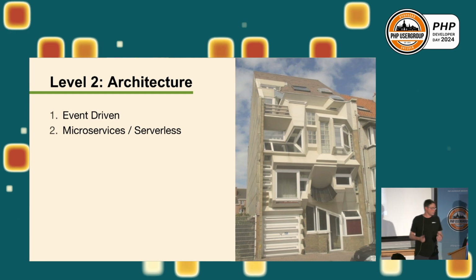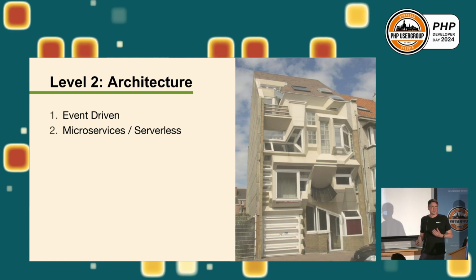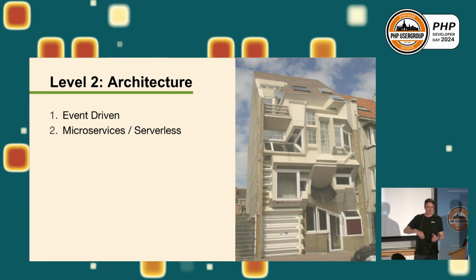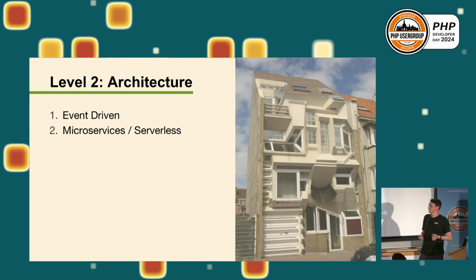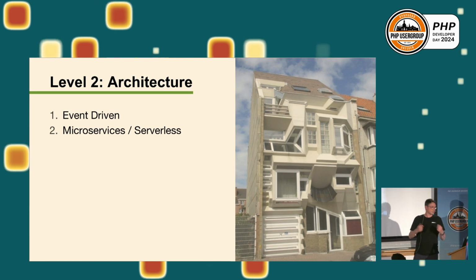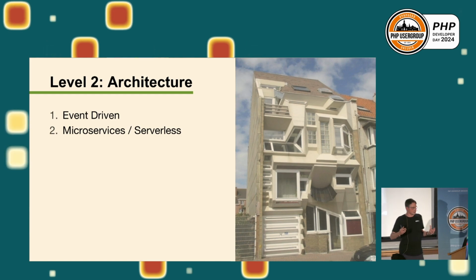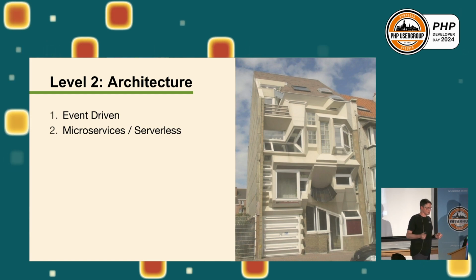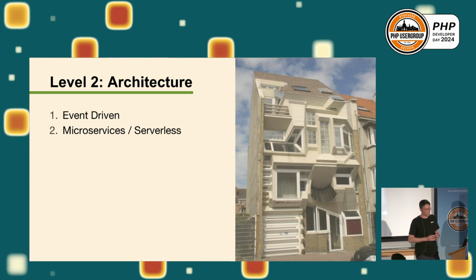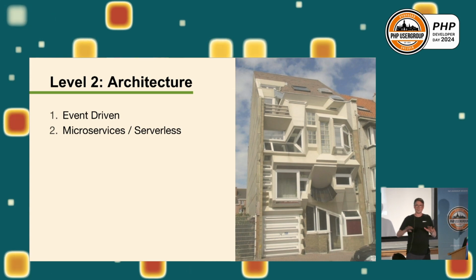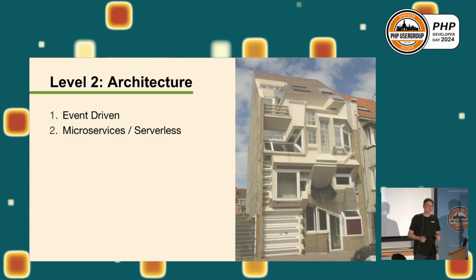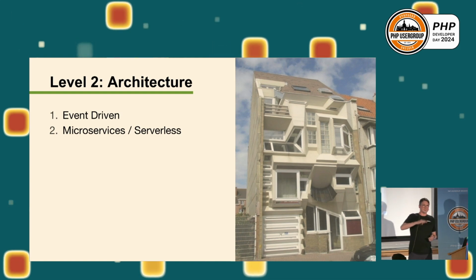But if you have one part of it which needs to react really fast, then you could offload this to a microservice, maybe even serverless, where the cloud provider takes care of running your functions in the cloud. You don't have to keep any cluster running, and the idea behind that is that the cloud provider can distribute the workload over their many servers much better. So the utilization of the servers in the data centers is much higher.